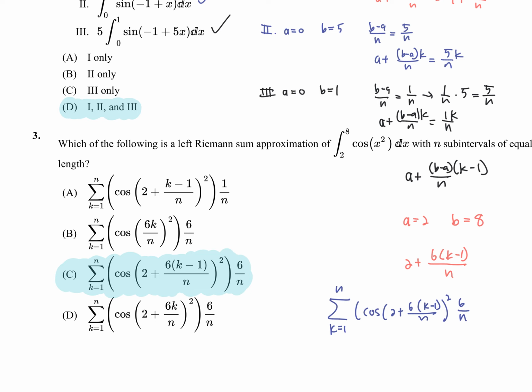Just to remind, this is what you'll use if you're using LRAM, with the k minus 1. If we were using RRAM, we would just use k instead of k minus 1.